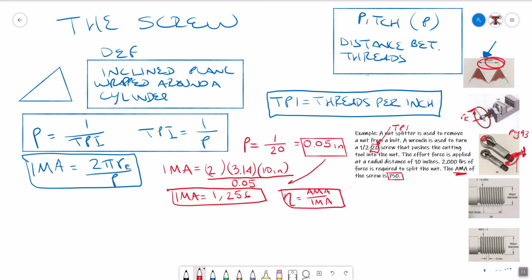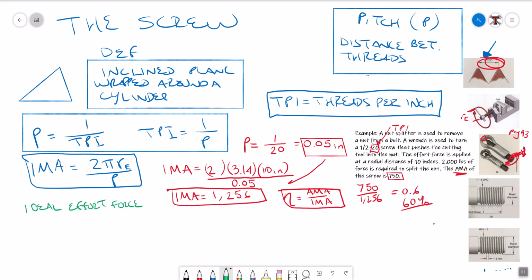Something else that you should probably remember. Actual mechanical advantage over ideal mechanical advantage. And if we go ahead and divide that, we have 750 by 1,256, giving us 0.6 or 60%. So that is our efficiency. We have an efficiency of 60% with this particular screw.